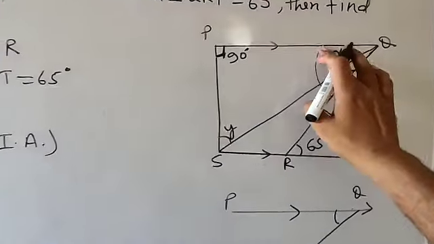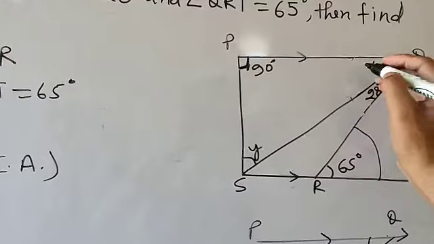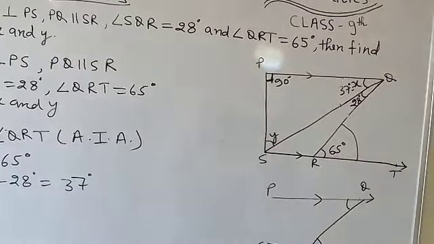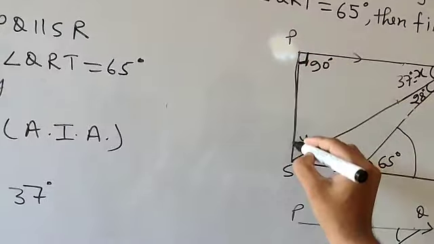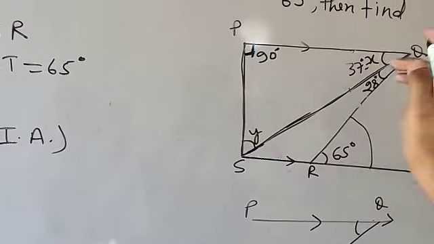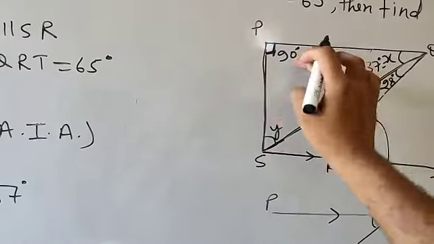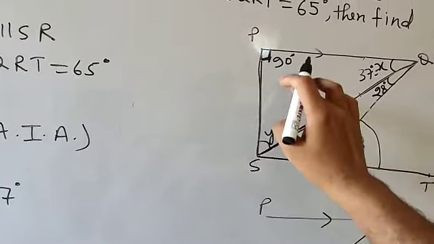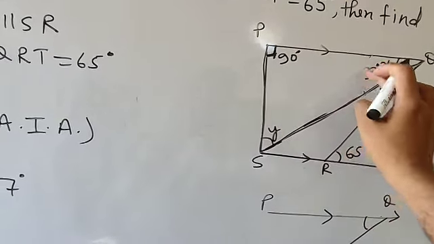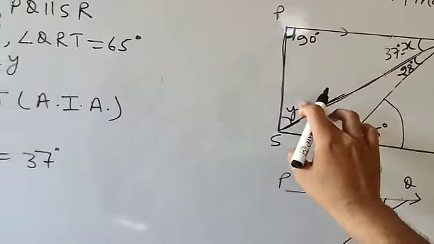Now students, here you got the value of X is 37 degrees. It means this angle is 37 degrees. Now students, we have this triangle. In triangle PSQ, the sum of these three angles will be 180 degrees. The sum of the angles of a triangle is 180 degrees. So here it is 90 degrees plus 37 plus y equals 180 degrees.